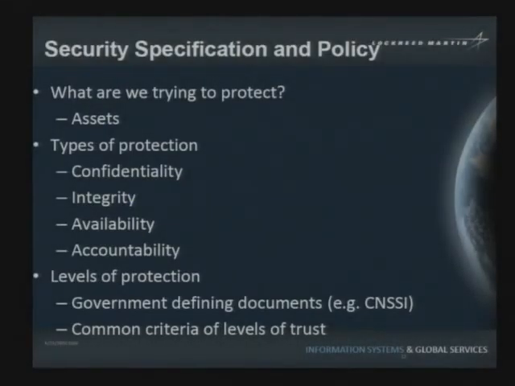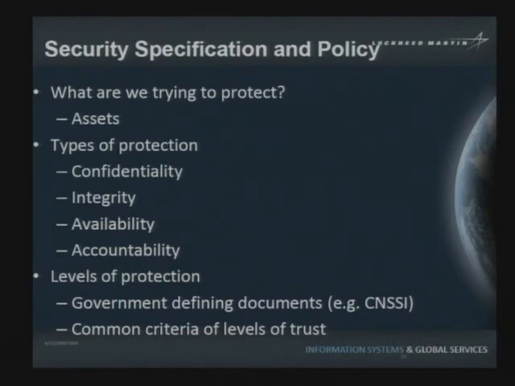So you've seen the confidentiality, integrity, availability, accountability triangles and quadrangles. So you probably are fairly aware of what you're trying to do with that. But accountability is oftentimes not thought of at the beginning of a system.